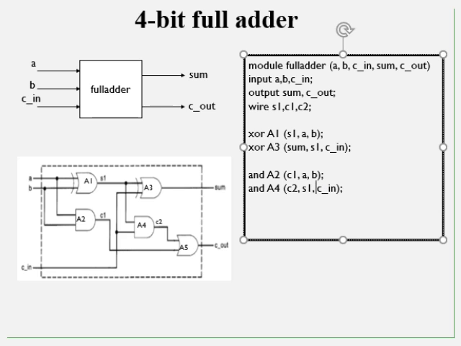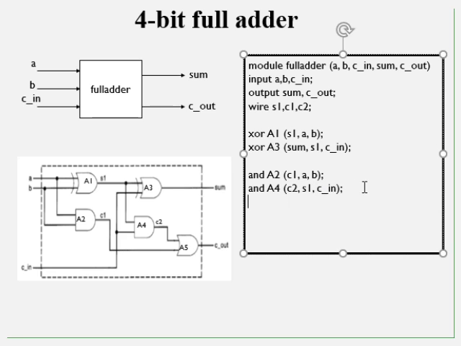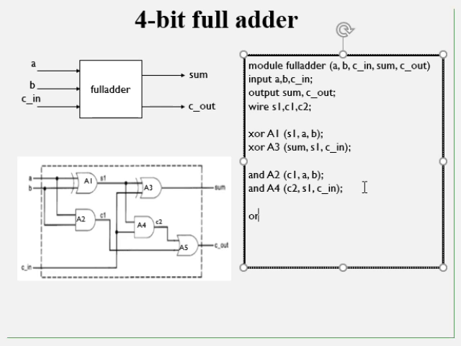Now the last instantiation is the OR gate. OR is the primitive gate. The instance label is A5, the output port is C underscore out, and the two inputs are C1 comma C2.